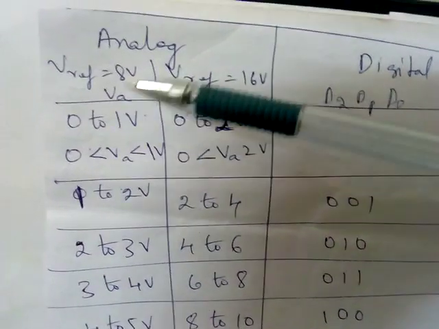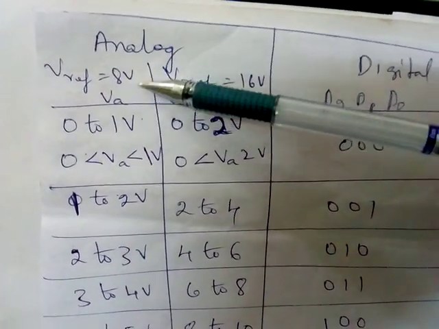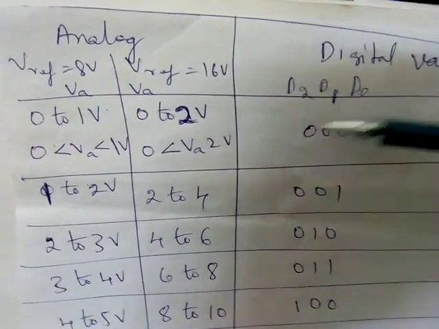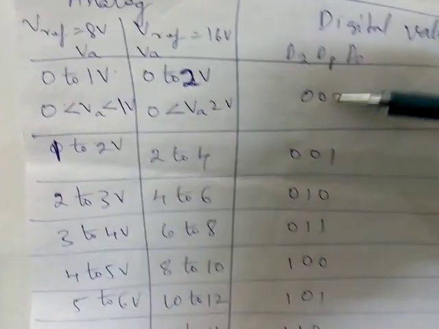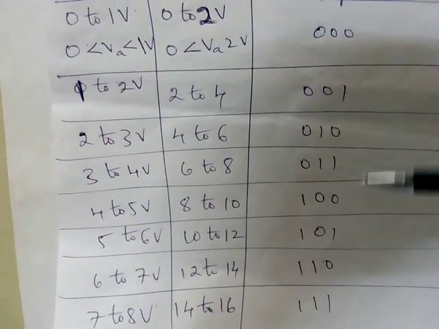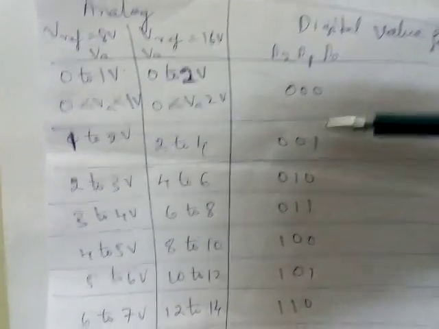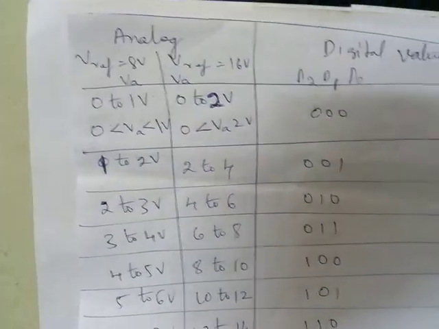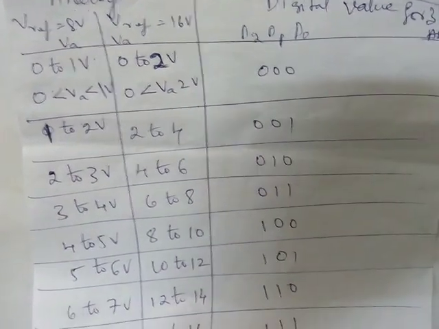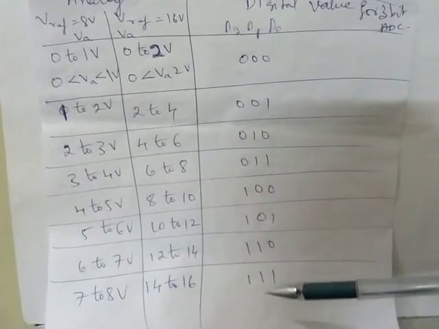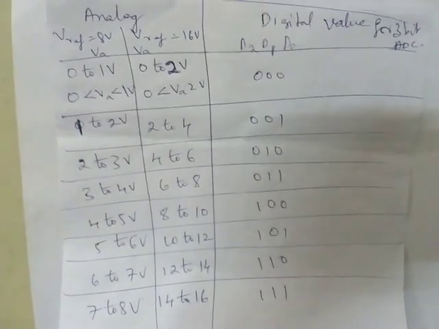If you assume the reference voltage is 8 volt, and it is a 3-bit ADC, you have 8 distinct steps, 8 levels of quantization, because 3 bits means 2 to the power of 3 is equal to 8, from 000 to 111.